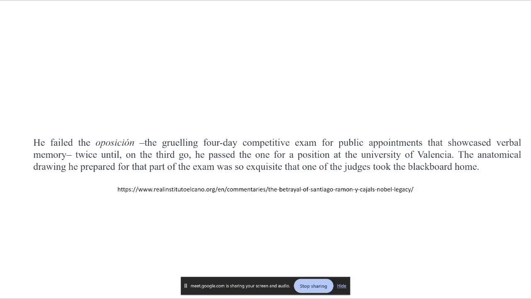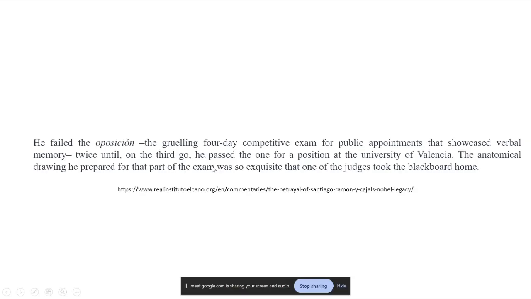It was an extremely grueling competitive exam for being appointed to a university position, and he failed it two times because it required very good verbal memory. But Cajal was not someone who remembered things by rote. He was someone who wanted to understand things. That's why he ended up failing two times.